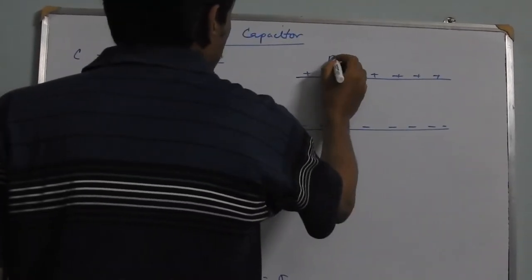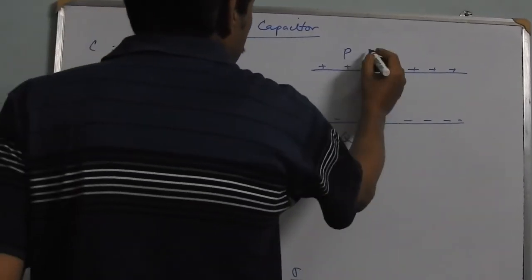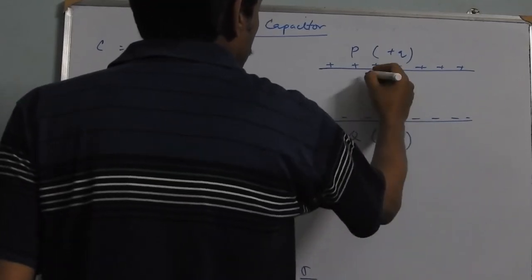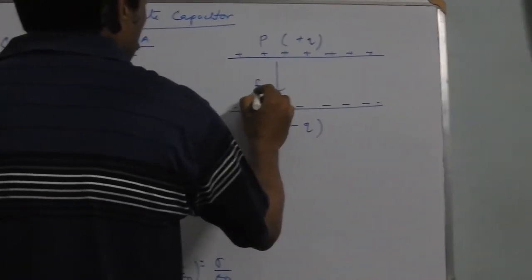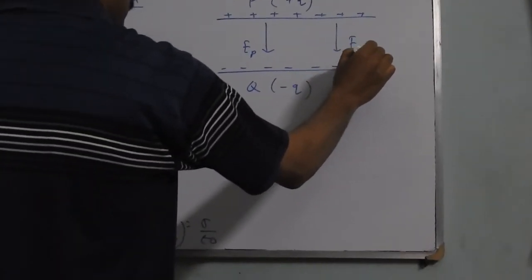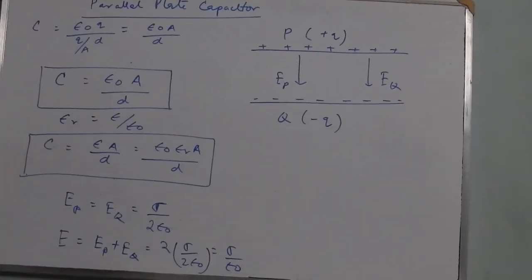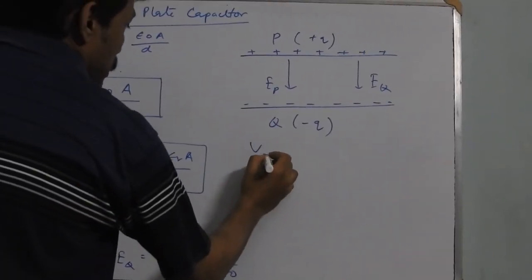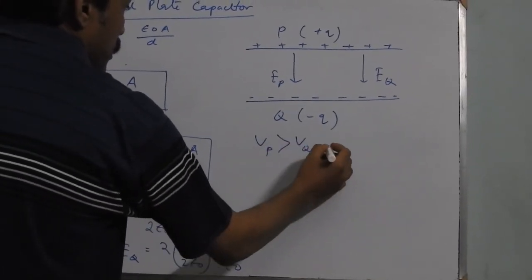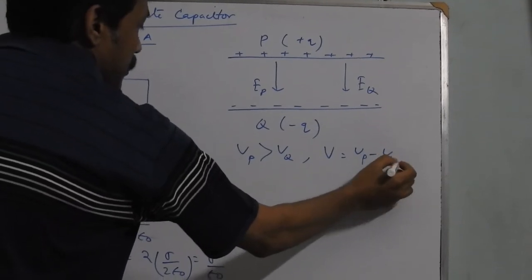We name the plate as P and this is Q. The charge on this plate is plus Q and the charge on this plate is minus Q. So the electric field due to the positive plate was in this direction, and the electric field due to the negative plate was also in this same direction. We know that the positive plate is at a greater potential, so the potential of P is greater than the potential of Q, so that the potential difference V is definitely Vp minus Vq.